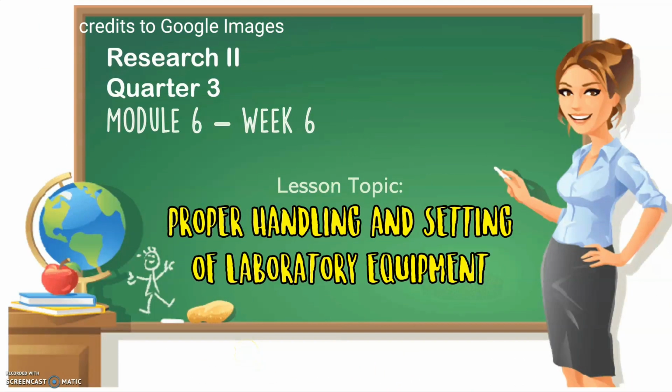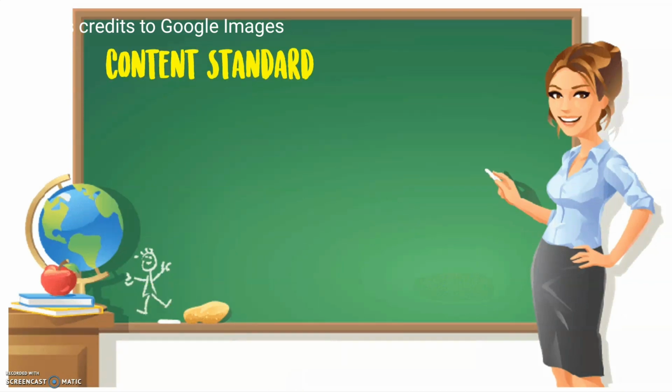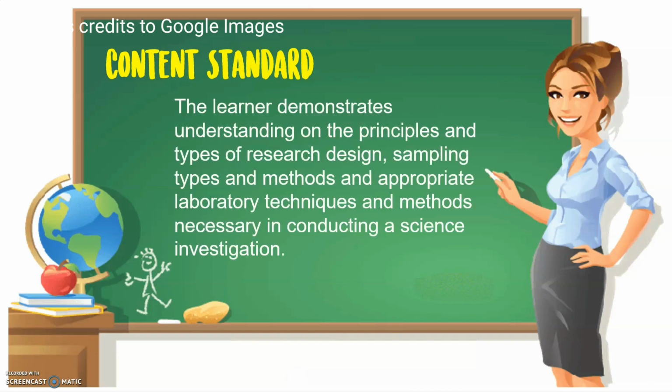For today's lesson vlog, what we're going to discuss is the proper handling and setting of laboratory equipment. This is for Module 6 in Week 6 of Quarter 3 in Research 2. For the content standard, the learner demonstrates understanding of the principles and types of research design, sampling types and methods, and appropriate laboratory techniques and methods necessary in conducting a science investigation.